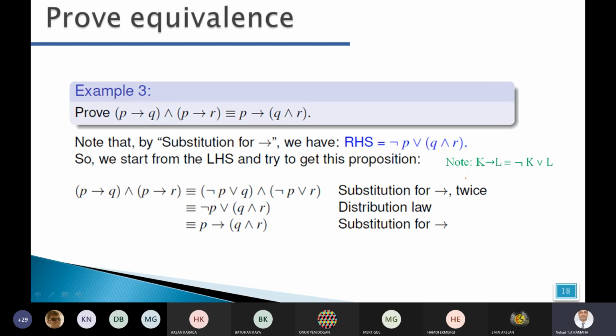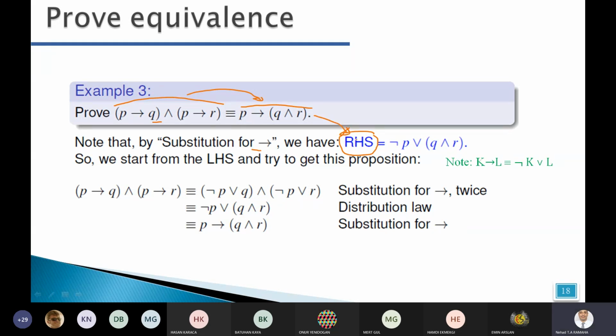Another example: we need to prove that this side is logically equivalent to this side. Here we need some preparation. Note that from this implication, we need in the right hand side this one.